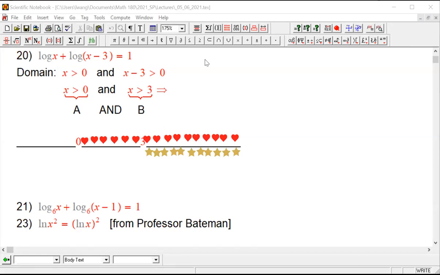So these hearts, that's where we make statement A true. And the star, make statement B true.